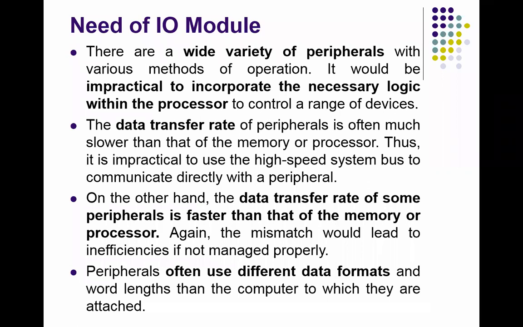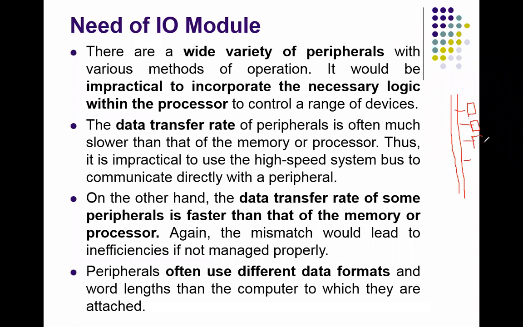At the other end, you will find there are some peripherals which are faster than your memory or the processor. So it is impractical to use a high speed system bus to communicate directly with the peripheral. You will not get the solution if you are only connecting all these devices using a high speed system bus. If you connect these multiple devices and think all the devices will work correctly, it will not work.